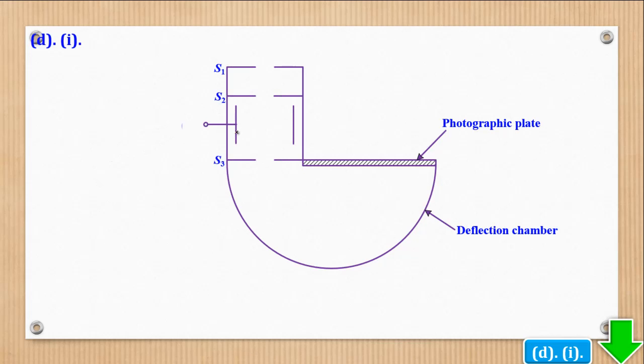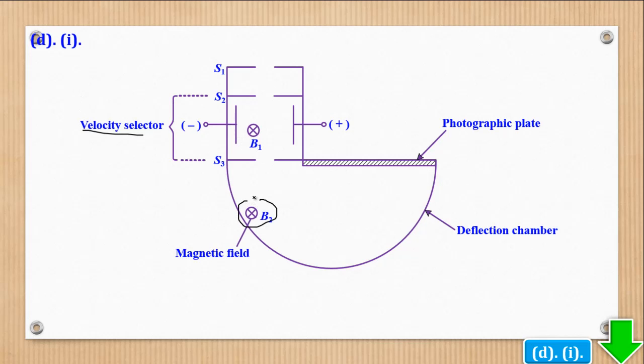Between the second and third, we have an electric field and also a cross magnetic field with flux density B1. So this is a velocity selector. Here in the deflection chamber, we also have a magnetic field only. So here it is both electric and magnetic, but here it is only magnetic. That is the source of ions. They will pass through the slits.